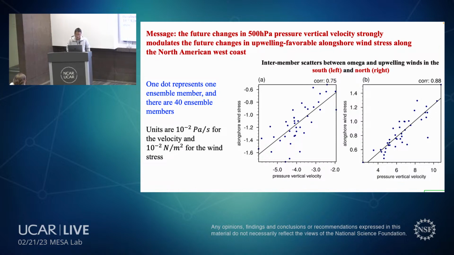So this suggests future change in the subsidence modulates about 50% of future change in upwelling favorable longshore wind stress in the south, actually the California coast. And this relationship also exists in the north, and the correlation is even higher.